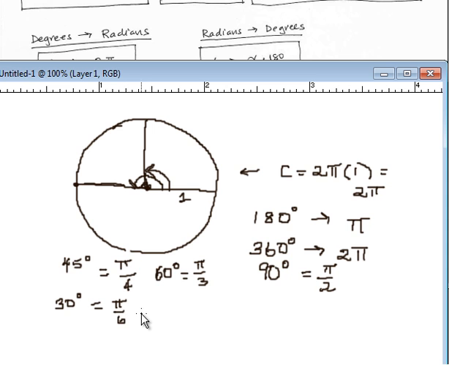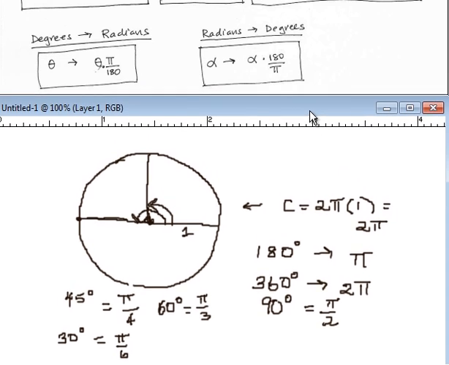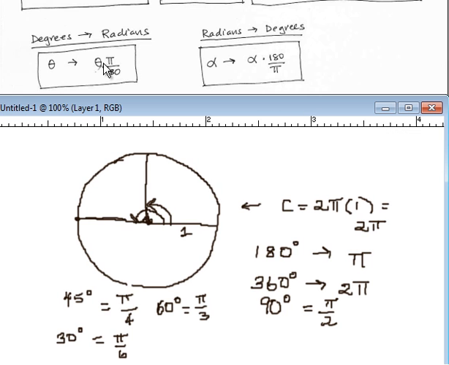Alright, so in general we have the following way of converting. If we have degrees, we just multiply by pi over 180. It's easy to remember this because pi is 180 degrees in radians, so it's sort of like multiplying by 1. Both of them are equal. So that's how we get the radian measure of an angle.